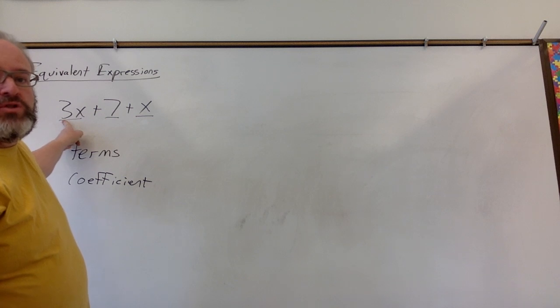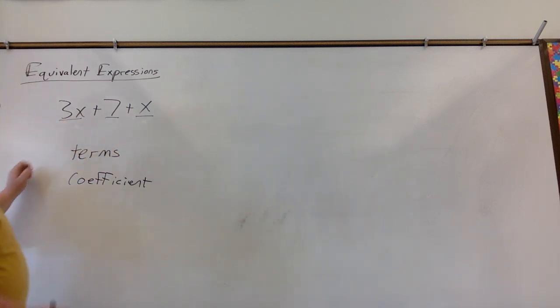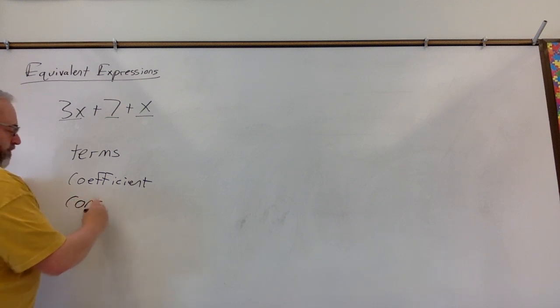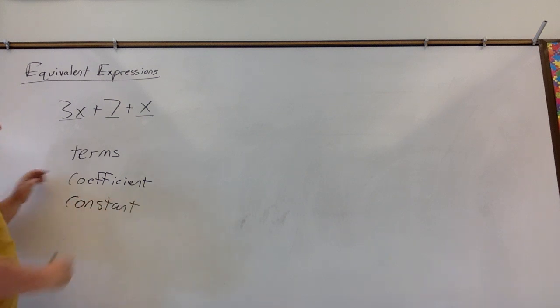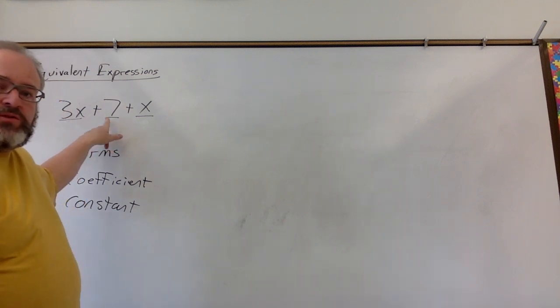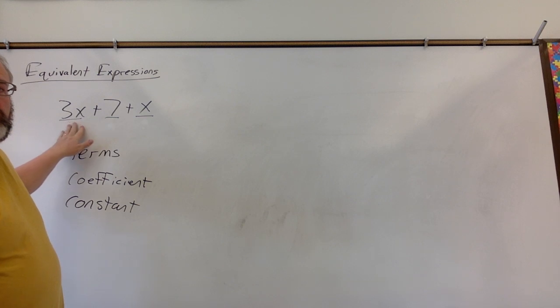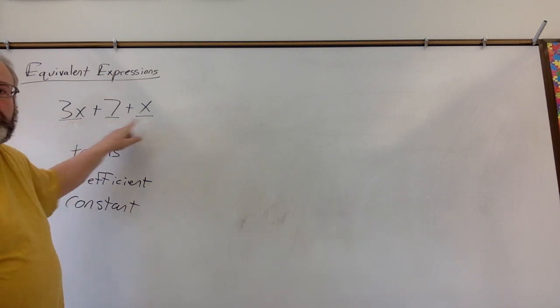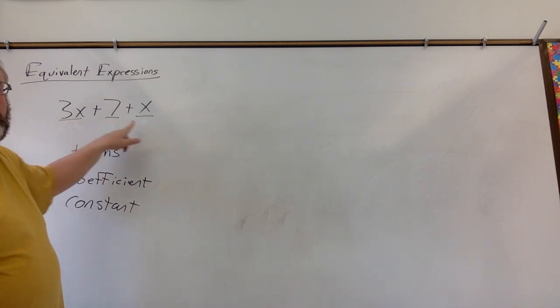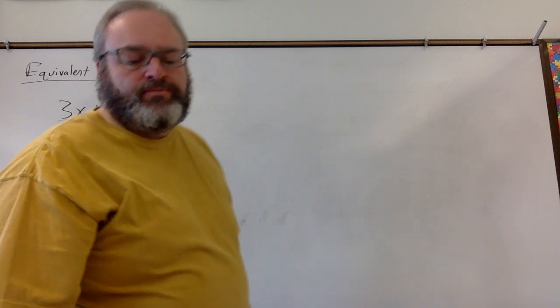Now this number is called a constant. Constant is a number that does not have a variable. So 7 is the constant. So we have three terms. One of them is a constant. These two have variables, so they both have a coefficient, which is the number in front of the variable.